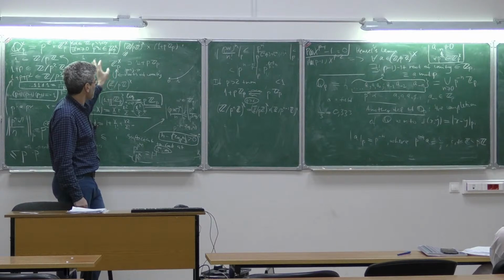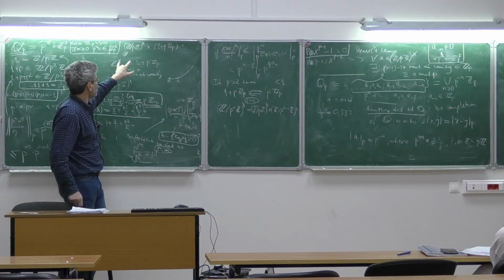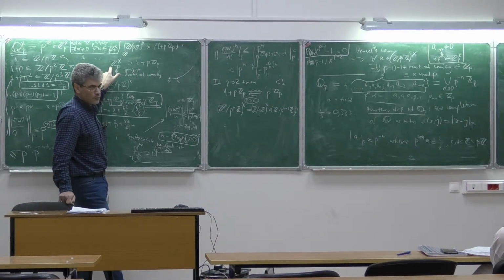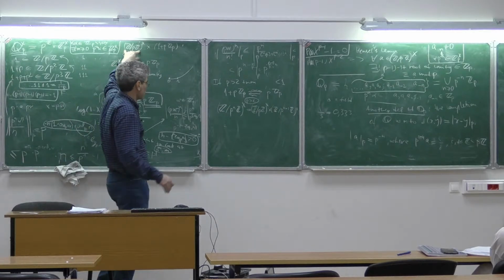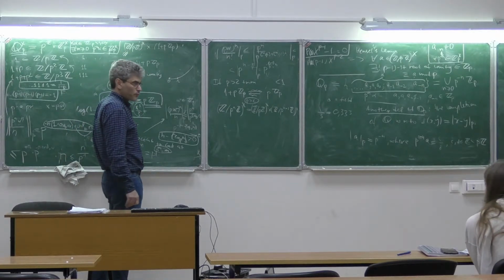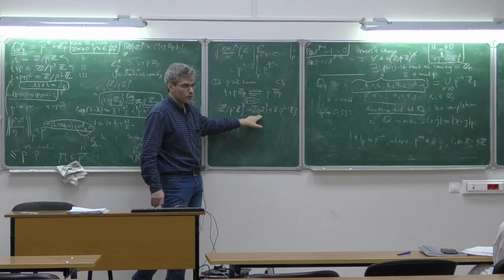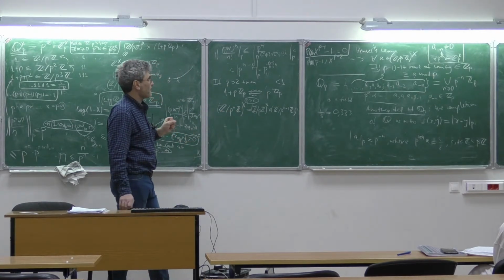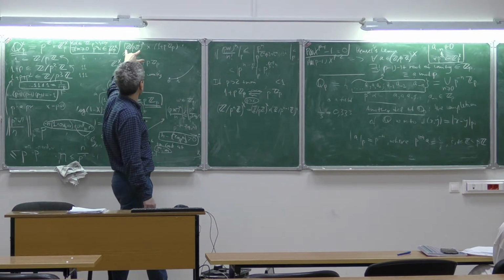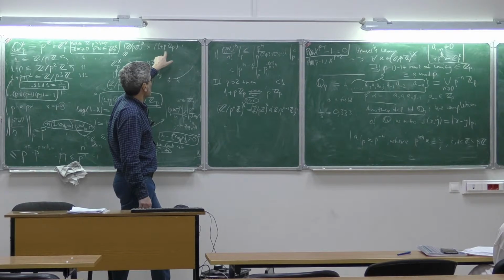This gives us a splitting of this group into a product: the roots of unity, which can be identified with the invertible residues modulo p, will be the first factor, and the second one will be those p-adic integers that are congruent to 1 modulo p.